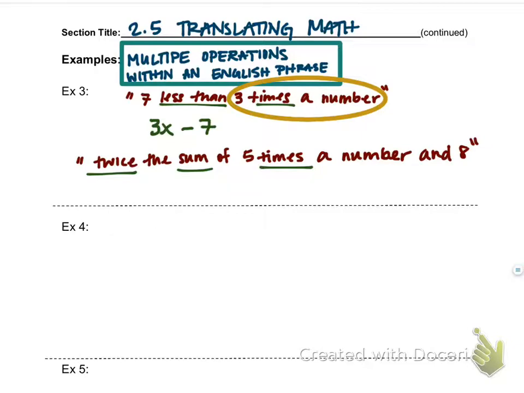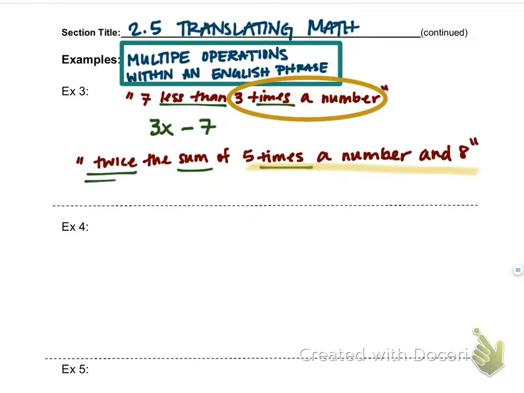So we keep reading and say that the sum, or the pieces we're adding together, are 5 times a number and 8. So I'm going to highlight the 5 times a number and 8 to say that's what I'm adding together. I can put that in parentheses because that's the first bit I need to do.